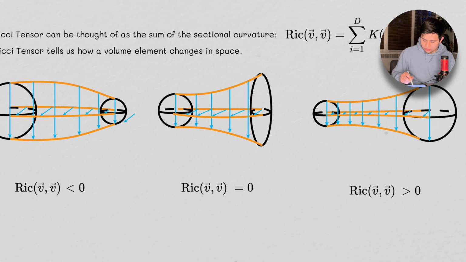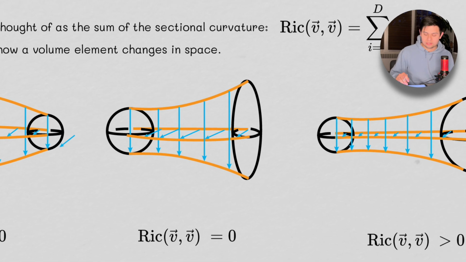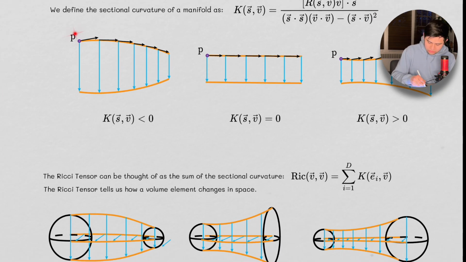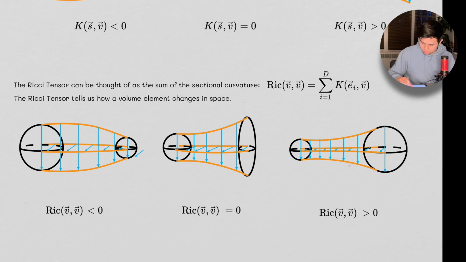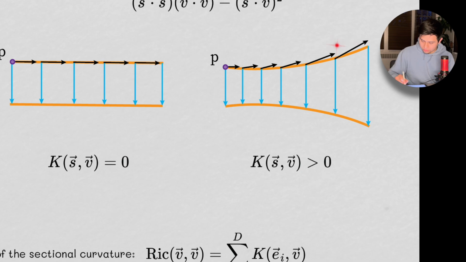If it's equal to 0, then the volume is actually staying the same. The way I've depicted this here makes it look like it's getting bigger. However, in the case of the E2, say this is the E2 direction, I've tried to make it look like we are looking at this situation in one section, and then in this other section I've made it look like we're going in this direction.